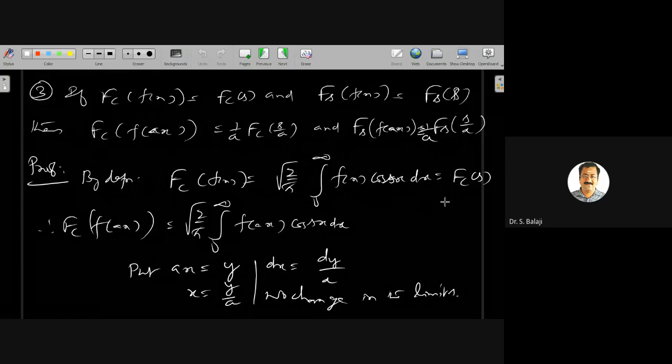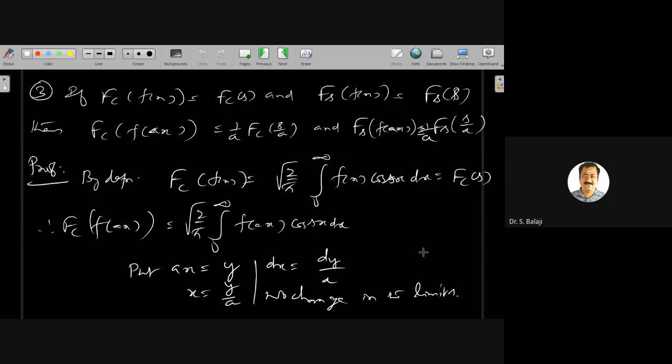Now we consider the Fourier cosine transform of f of ax, that is, root of 2 by pi integral 0 to infinity f of ax cos sx dx. Put ax equal to y, so x equals y by a, dx equals dy by a, and there is no change in the limits. When x is 0, y is 0, and when x is infinity, y is also infinity.